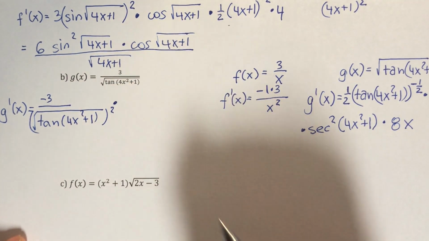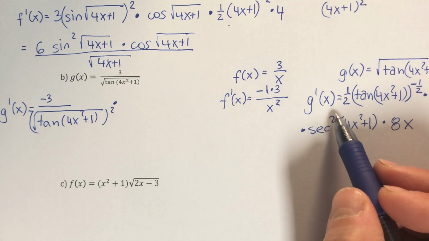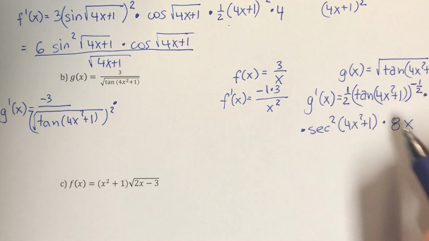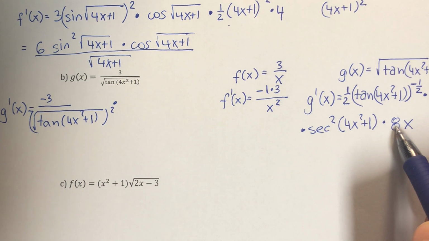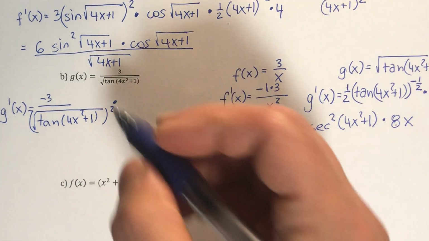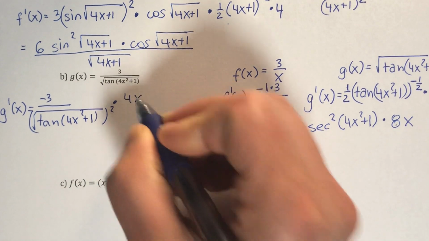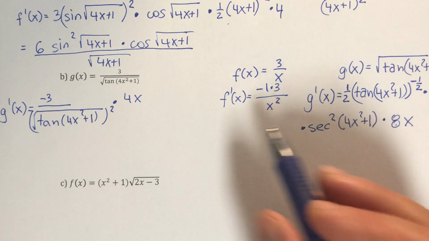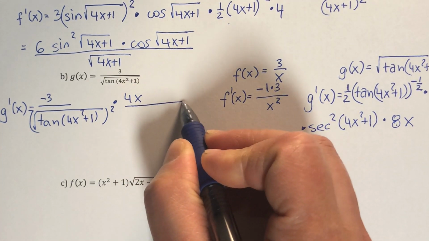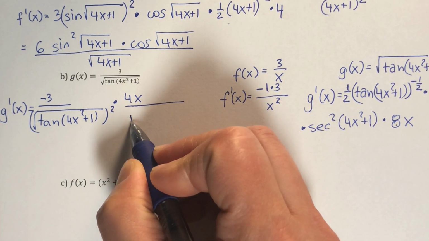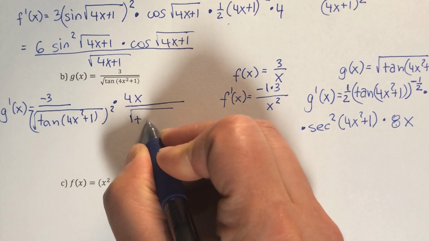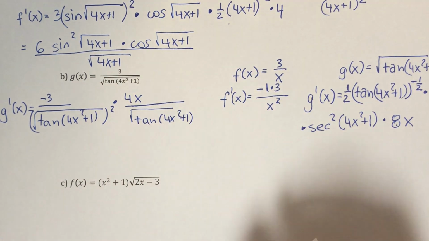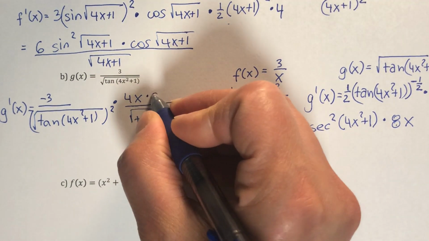And then we are going to multiply it by definition by the derivative of the g function. So I am just going to look quickly here. I can simplify 2 and 8, that is 4. So I am going to have 4x, and then this tangent is on the bottom. So it's going to be square root of tangent of 4x squared plus 1. And the secant is on the top of the fraction.